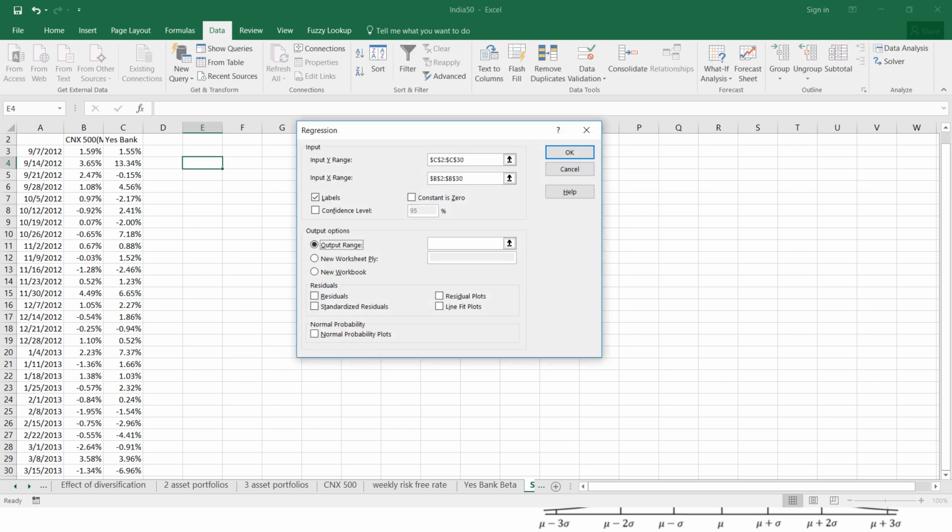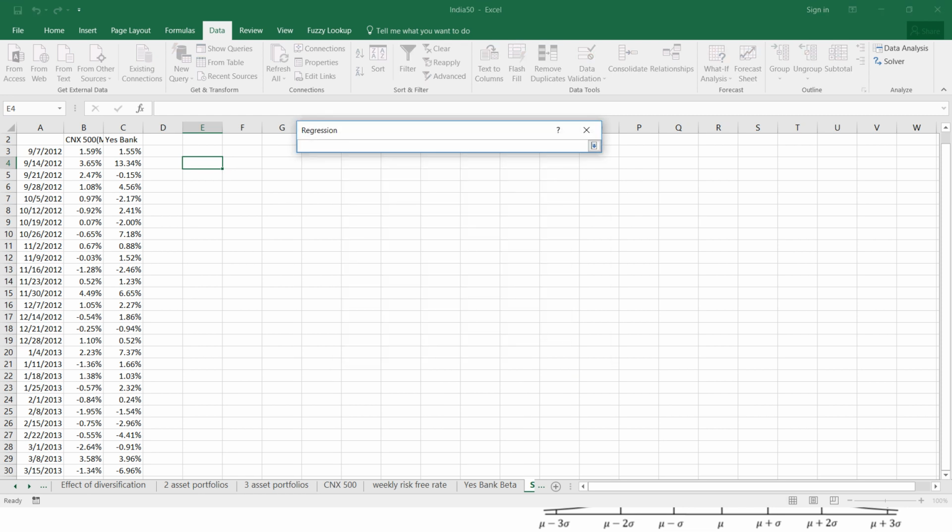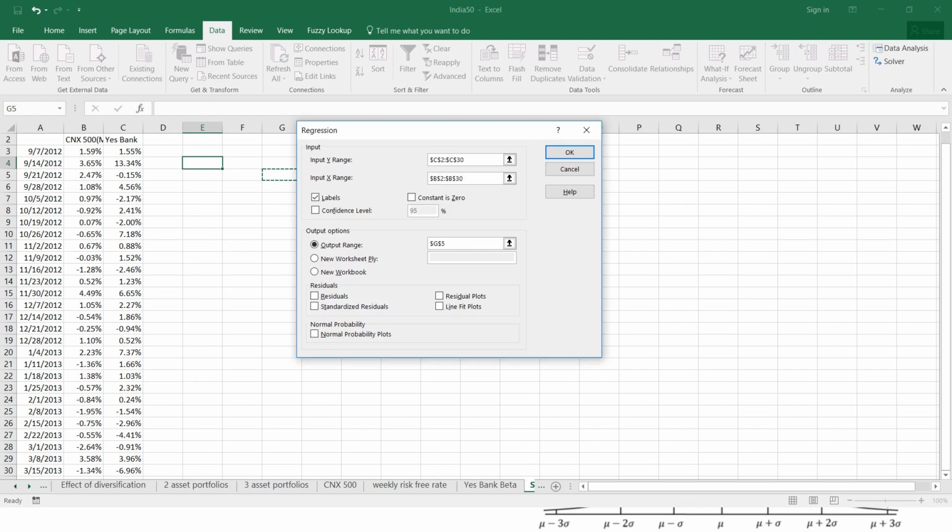Let me have my output here, and that's it. The constant is 0 would force your alpha to be 0. You don't want to do that. This is what you get.